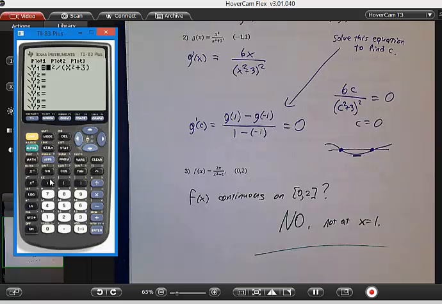So what if I type in 2x divided by what? Is it x? Oh, it's x squared minus 1. Okay, so I'll put that x back in there. And then instead of the plus 3, I'll put minus 1. Let's see what the graph looks like. And we're looking at 0, 2. Oh, yeah. So you have asymptotes, right?